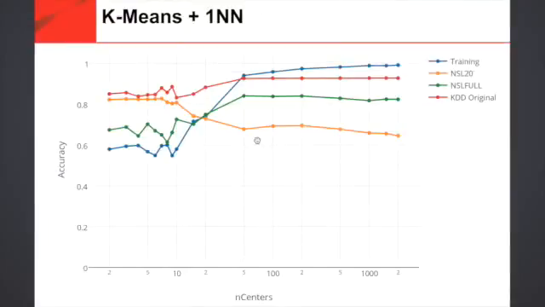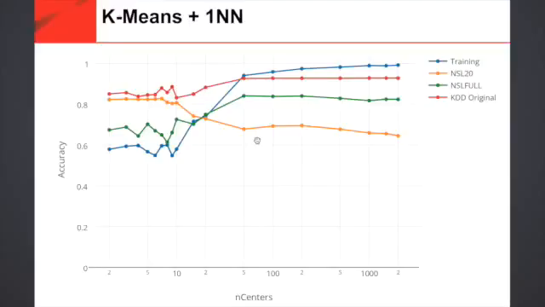The next way I tried is to first use k-means to generate several templates, and for all the test sets, I use one nearest neighbor to classify it. This chart is quite interesting.